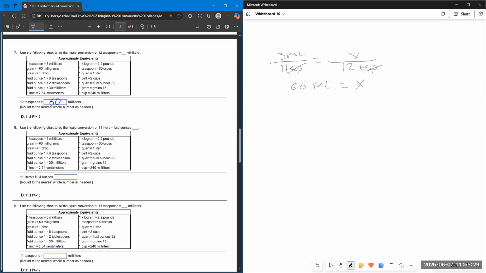11 liters. We want to go to fluid ounces. So let's change this to milliliters first. 1 liter is 1,000 milliliters. So this is 11,000 milliliters, and there's 30 milliliters in every fluid ounce.